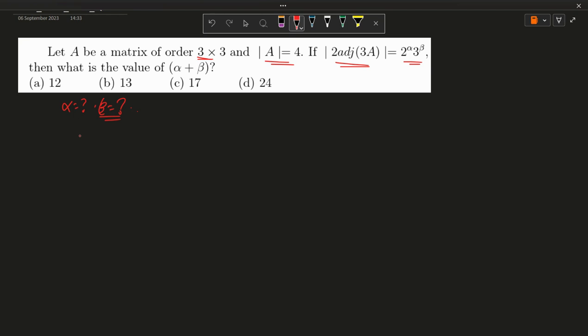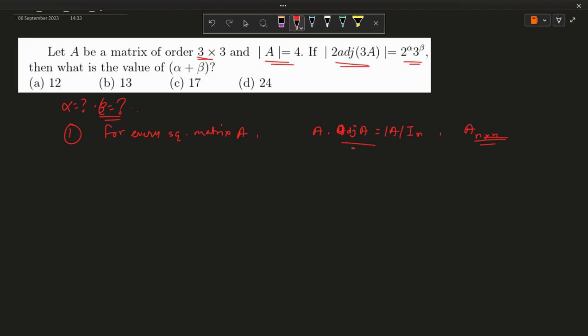Okay, so the first formula we use here is for every square matrix A, we can write A into adjoint of A equals determinant of A into I_n, if A is an n by n matrix.